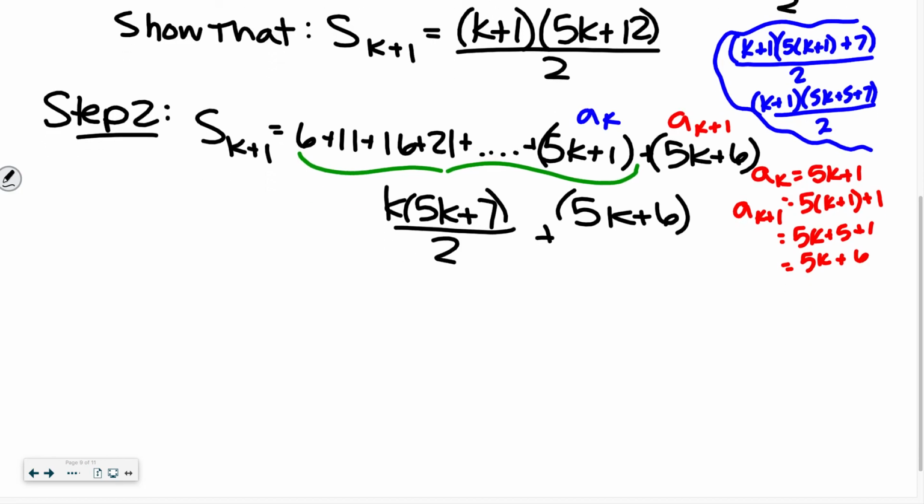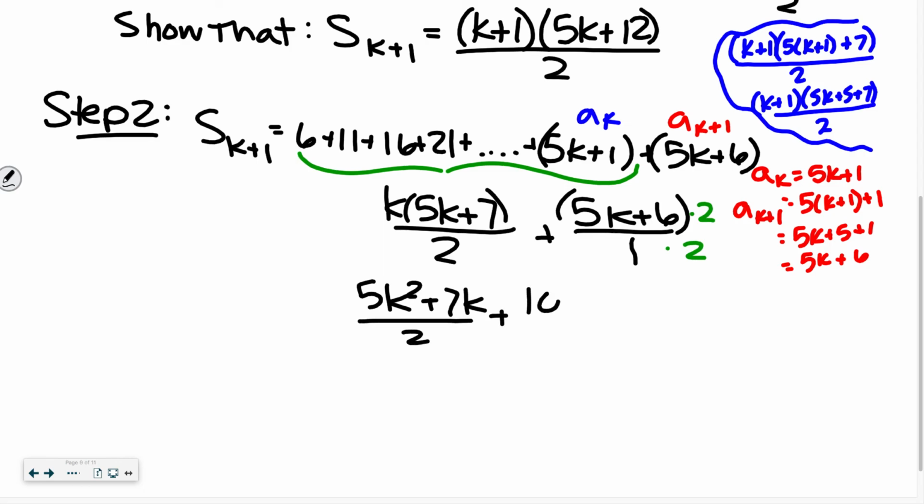Okay, this doesn't look like my show that statement. So now this is where I'm just doing algebra. In order to add these, what do I need? Common denominators. So I'm going to multiply this one by 2. So that's really like 5k squared plus 7k over 2 plus 10k plus 12 over 2.